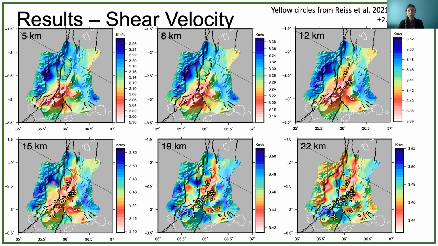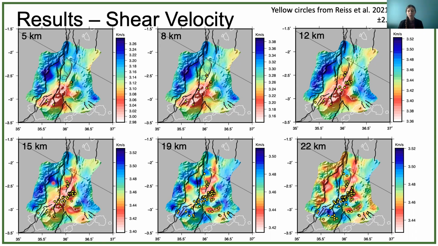So we should note that previous studies have looked into the composition of basalts, and we think that the slow velocity zones are regions where we have presence of melt, which has been interpreted by previous studies. The lavas in this area are a mix of basalts, melilitites, and carbonatites, indicating that we have a deep, mid to lower crustal source for the melt in this region.